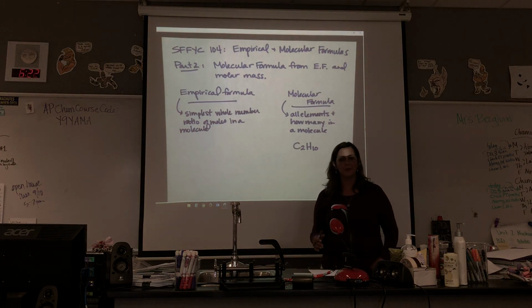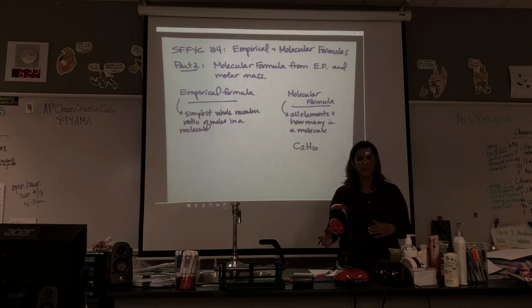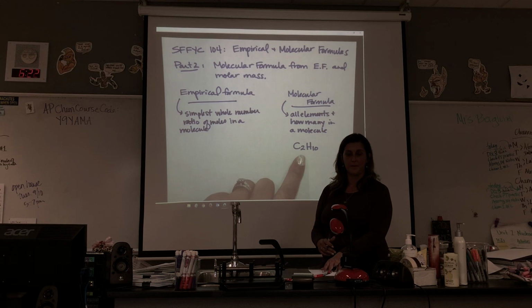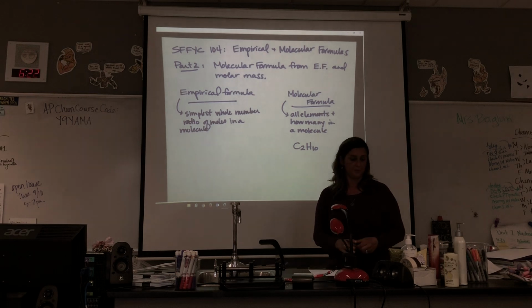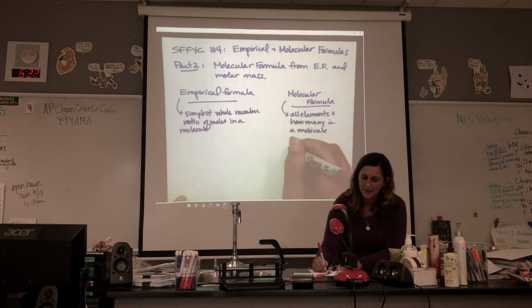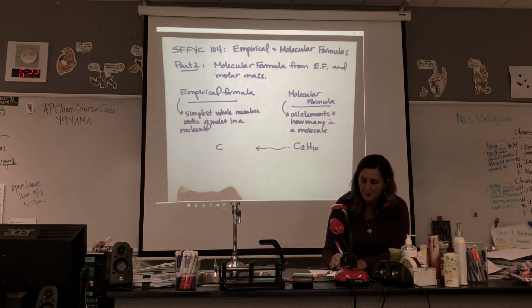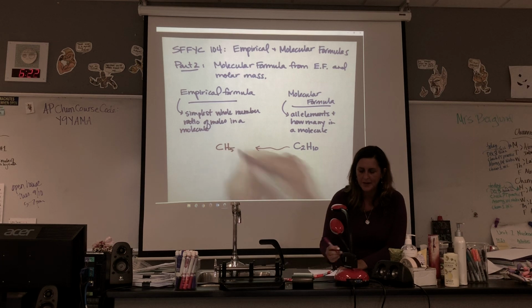If you know the molecular formula, you can figure out the empirical formula if you divide by the largest common number, and in this case it would be 2. So the molecular formula of C2H5 would give us the empirical formula of CH5.